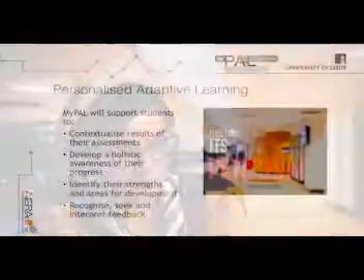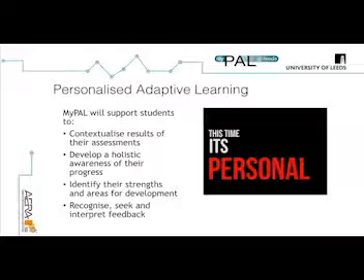So I hope you can see that the myPAL project, the Personal Adaptive Learning Project, will help students to contextualise the results of their assessments and develop a holistic awareness of their progress through the course. It will also help them to identify their areas of strength and areas for development by recognising, seeking and being able to interpret the feedback that they're getting.